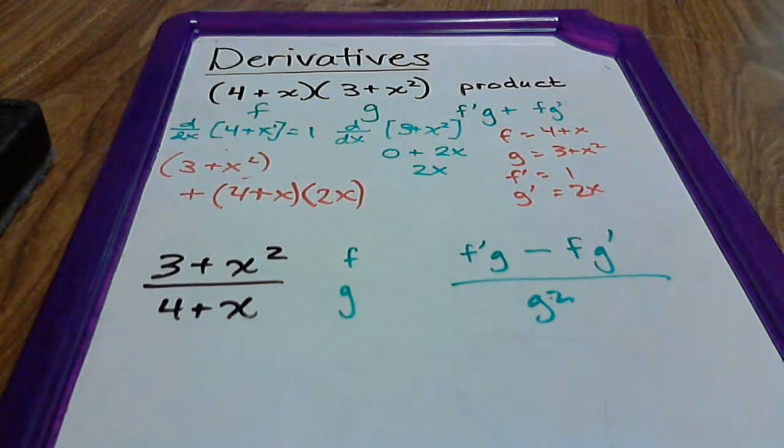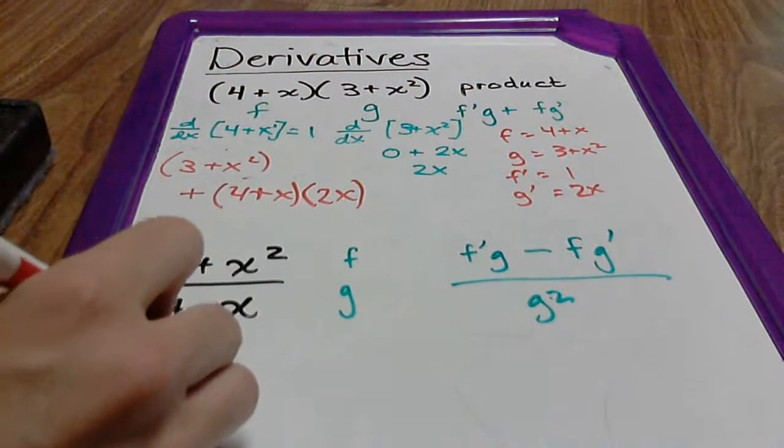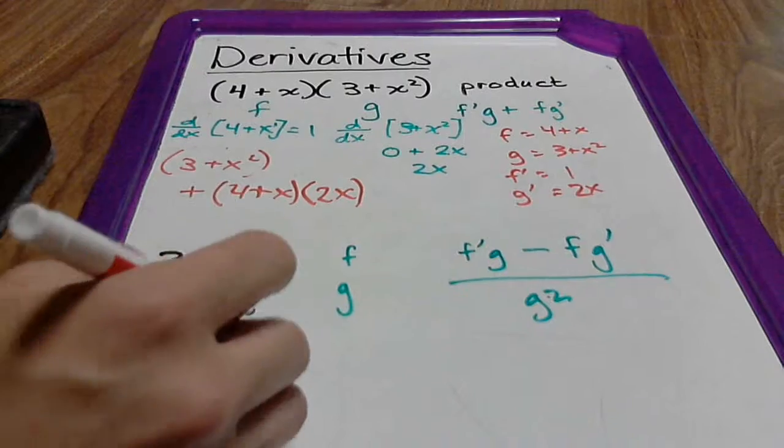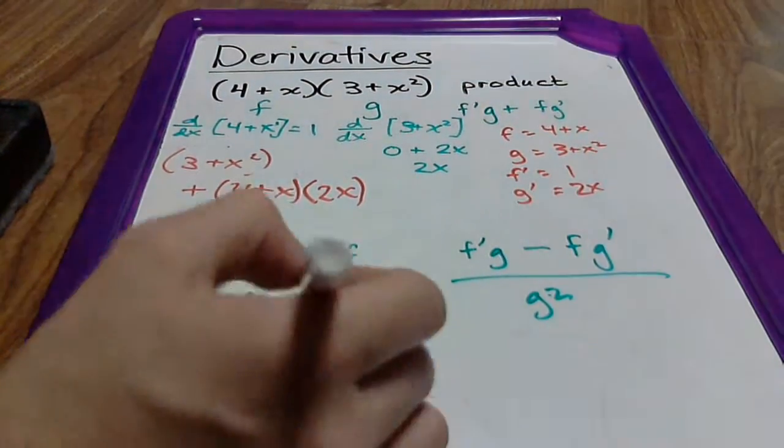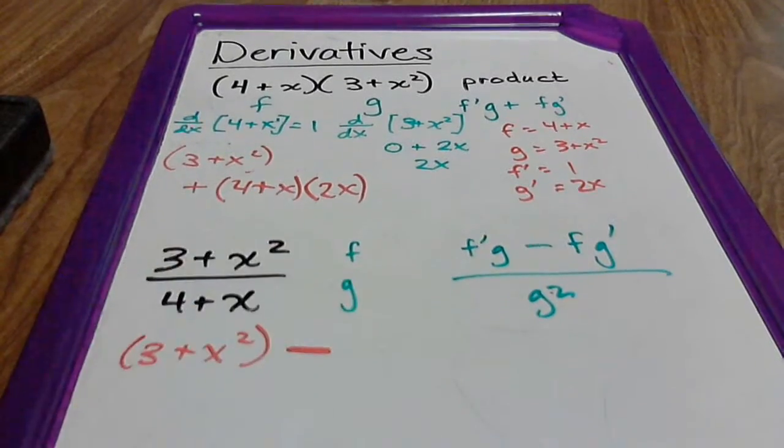So we know f prime is 1 times g is 3 plus x squared. Okay, and then we have f, but this time it's going to have a minus sign in there.